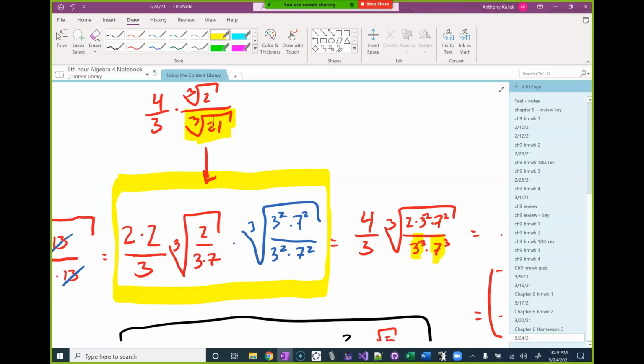So instead of needing pairs of things to cancel out the square root, I need triples to cancel out the cube root. So when I looked at my denominator, I saw I had one 3, so to cancel it out, I needed 2 more. And I had one 7, so to cancel that out, I needed 2 more 7s.